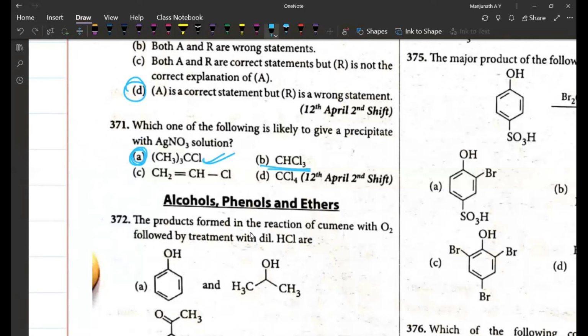Sir, because there are more chlorine atoms, so if you react more moles of AgNO3, you can get more. This can give H plus actually. CCl3 minus. In some other type of question, you will use this. But this is not going to give chlorine. If you don't get chlorine, you won't get a precipitate.